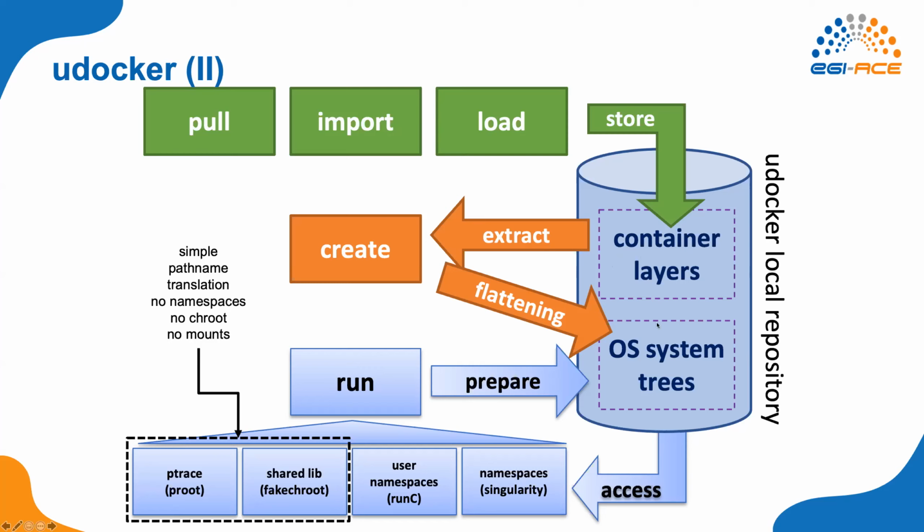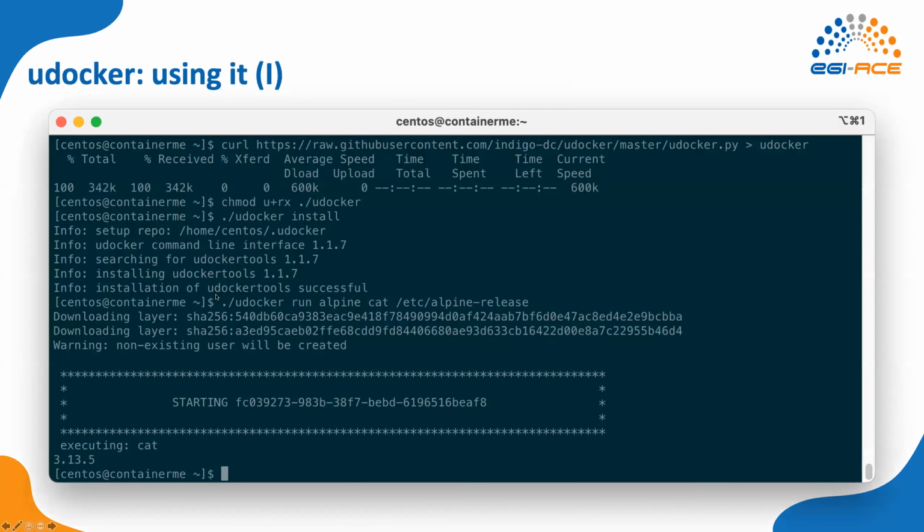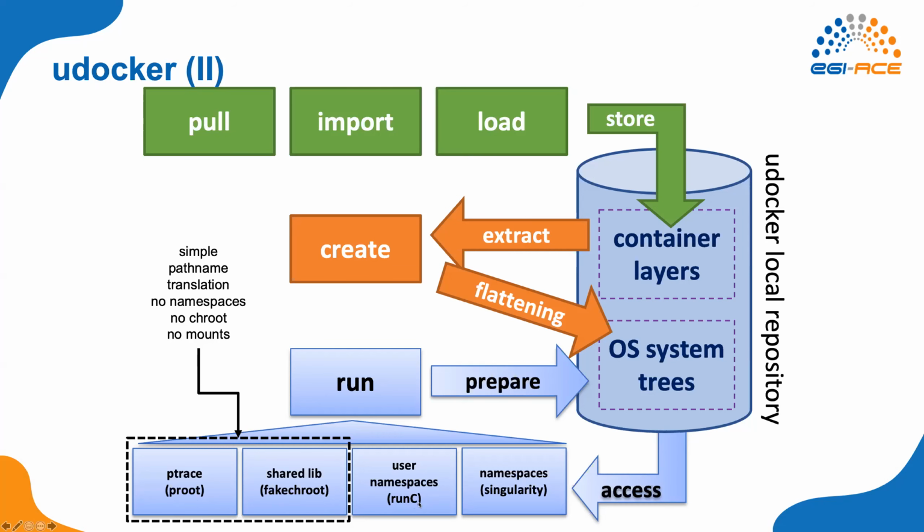And then once you have that, you can basically run. For running, you can have different backends depending on the capabilities of the host. You can use ptrace and shared libraries, which will run almost anywhere, although it has some limitations. And then you have others that will rely more on kernel features, like runc or Singularity if it's available in the host.